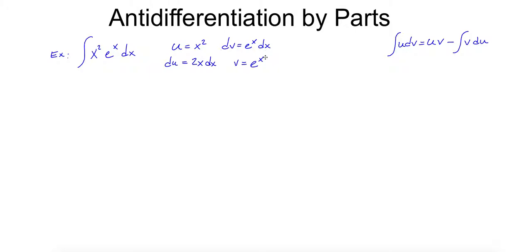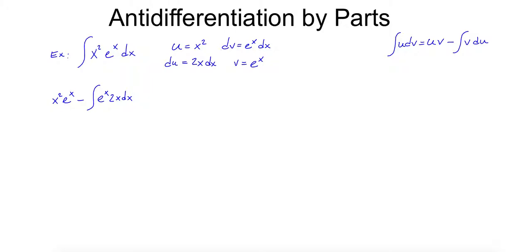All right, so let's plug into our parts formula. We have uv, which is x squared e to the x, minus the integral of v du. So v is e to the x, du is 2x dx.